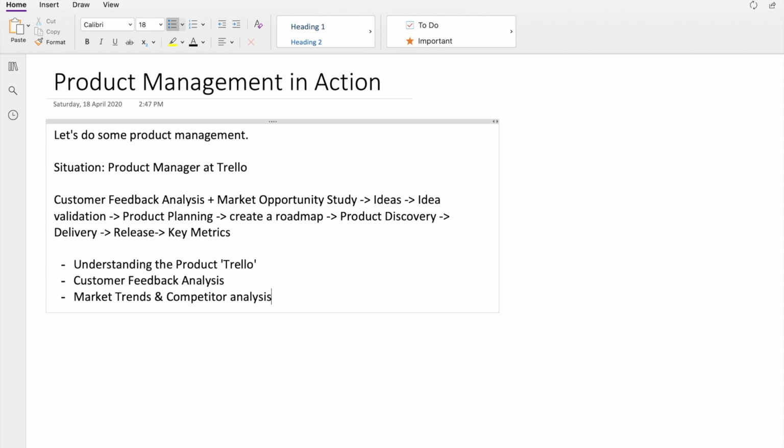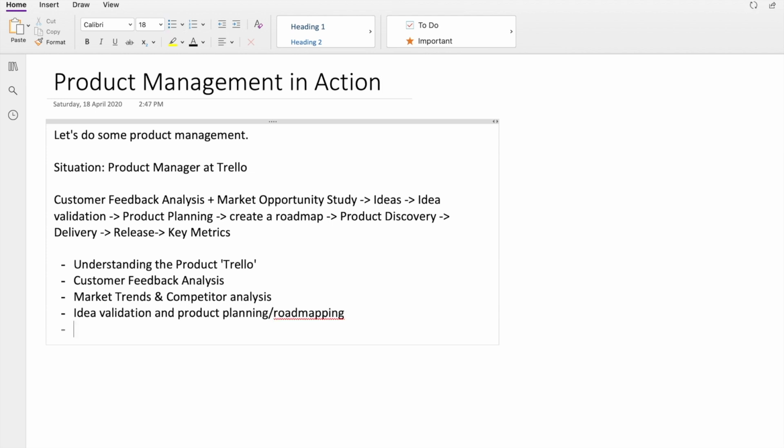Okay, and followed by this, we will do idea validation. So we would have already collected ideas from these three sessions. So we will do some idea validation in this session and do product planning and road mapping.